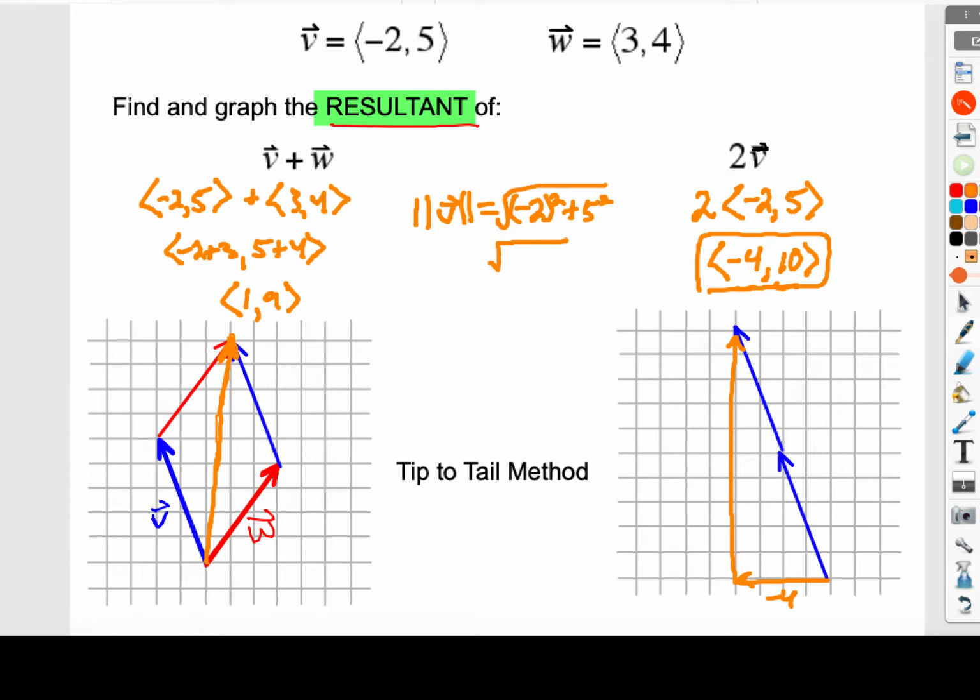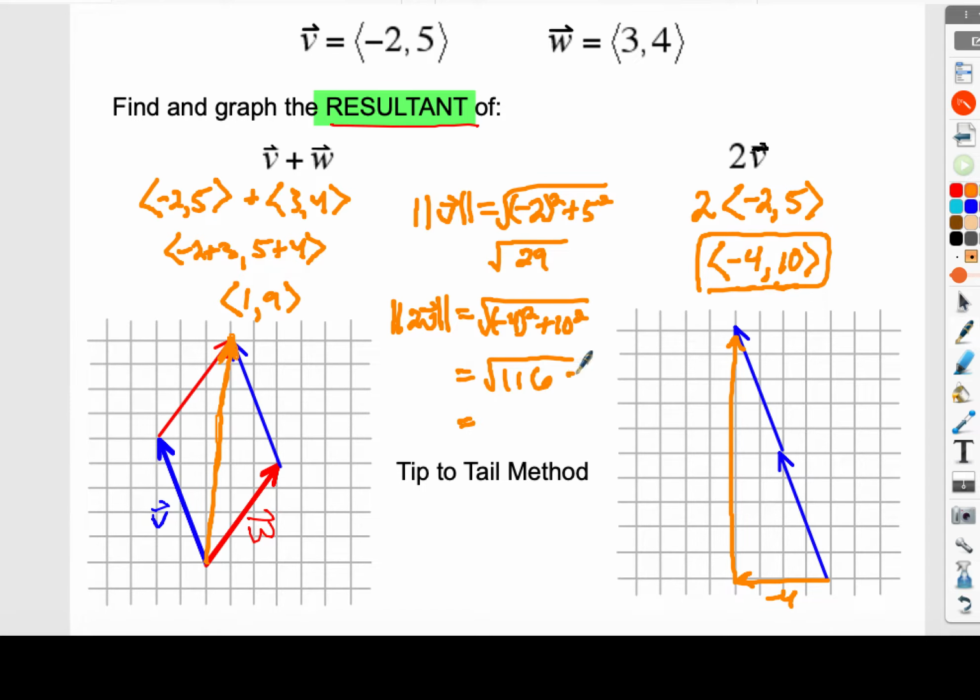Well, 4 plus 5 squared will be 29. So that's the square root of 29. Well, the magnitude of 2v is equal to the square root of negative 4 squared plus 10 squared, or basically the square root of 16 plus 100, the square root of 116, which if you divide by 29, you would actually get 4.